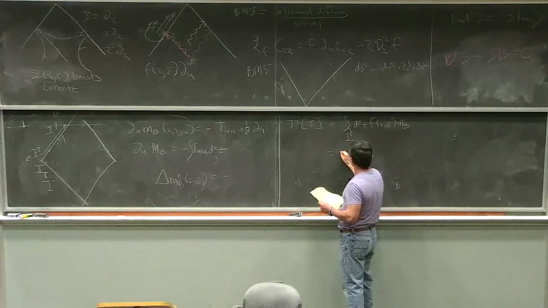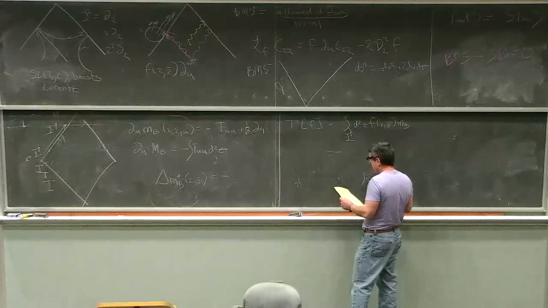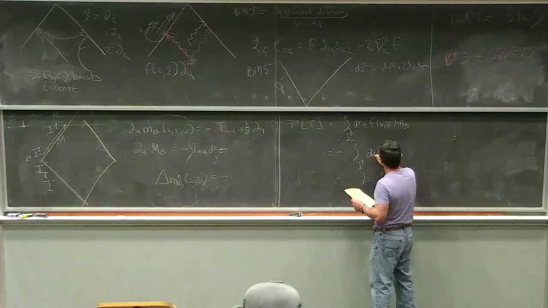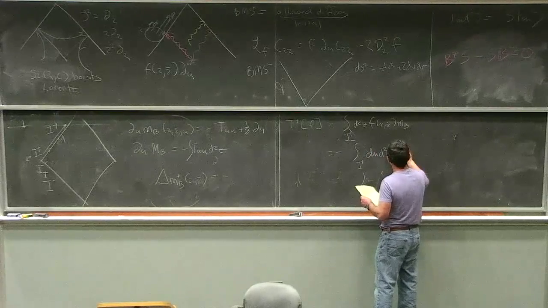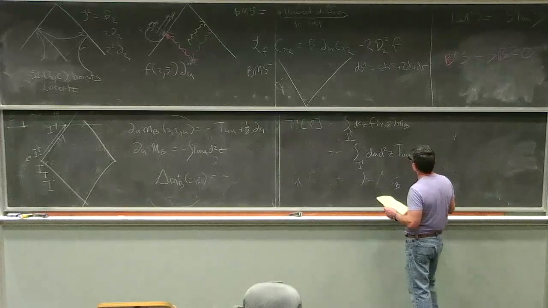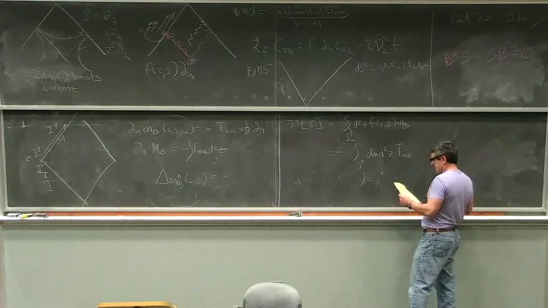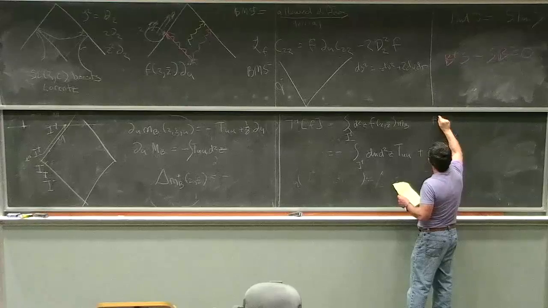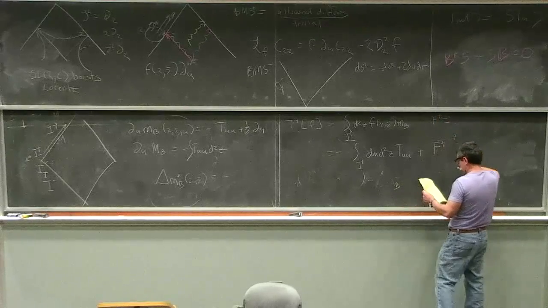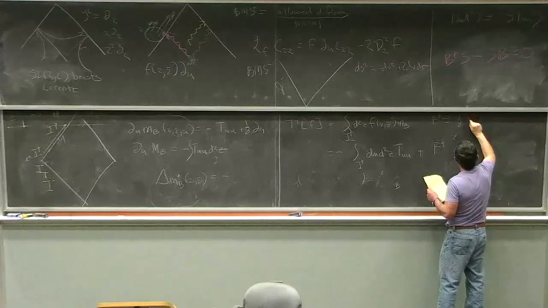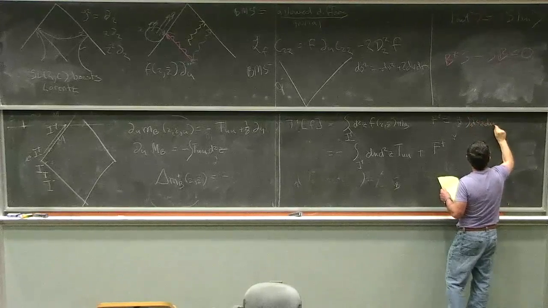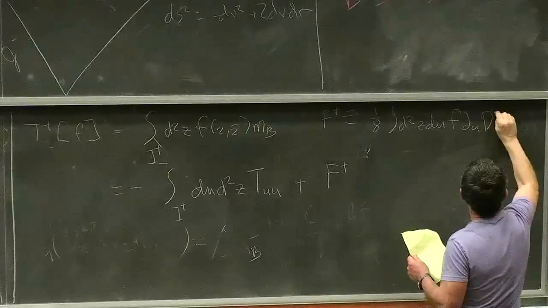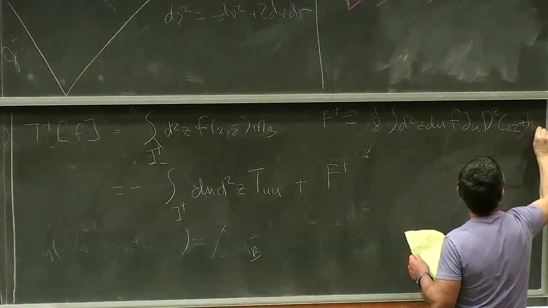And I can use the constraints. This is very similar to what I was writing just a moment ago, to write this as an integral over scri plus du d squared z of T_UU, the radiative modes, and then plus a second term, which I'll call F plus, where F plus is equal to 1/8 the integral d squared z du f times d_u of d_z squared C_zz plus the Hermitian conjugate.